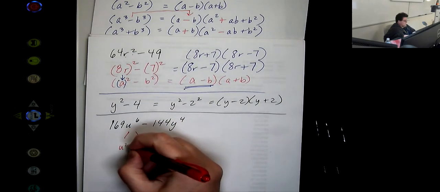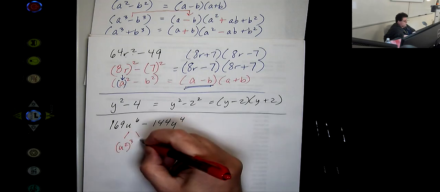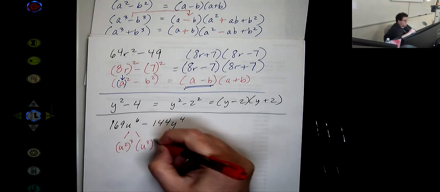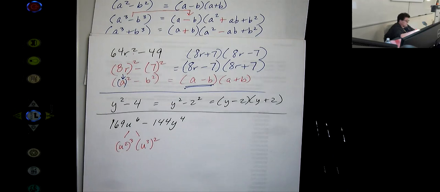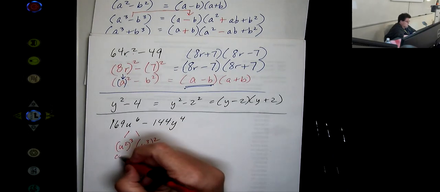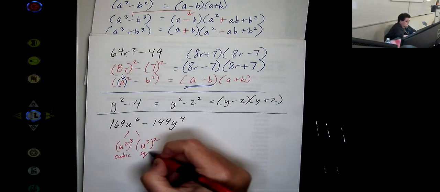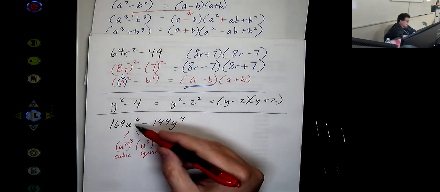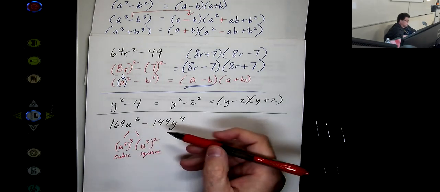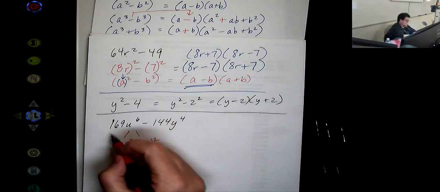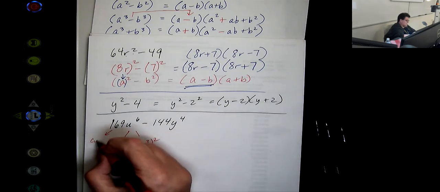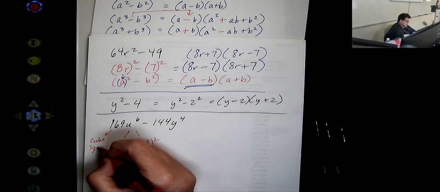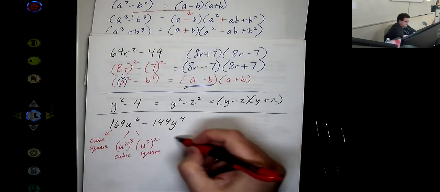I could write this as u squared cubed, or as u cubed squared. One of these leads to the cubic one, and the other leads to the square one. So if you see a variable to the 6th power, you can check whether this is a cube or a square, or check over here.